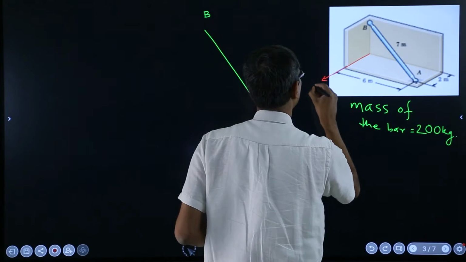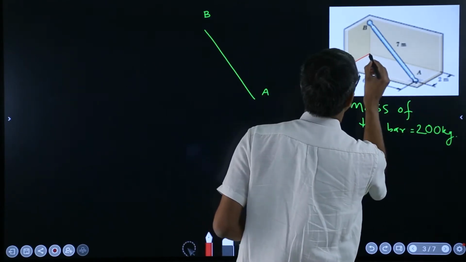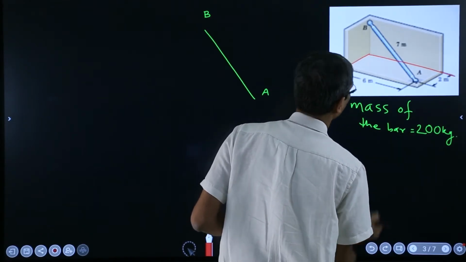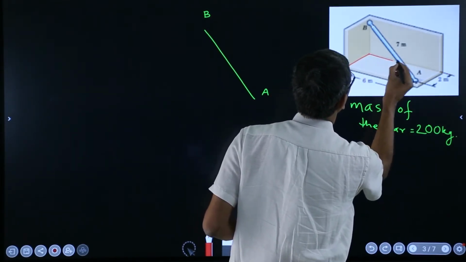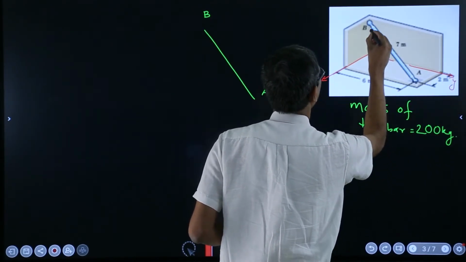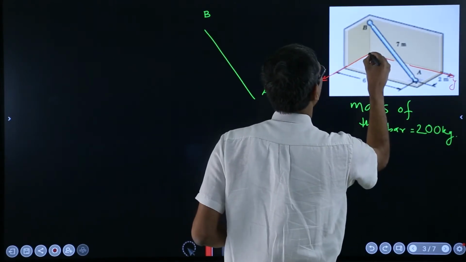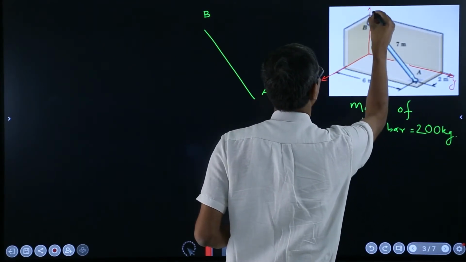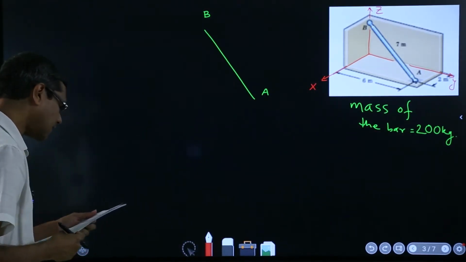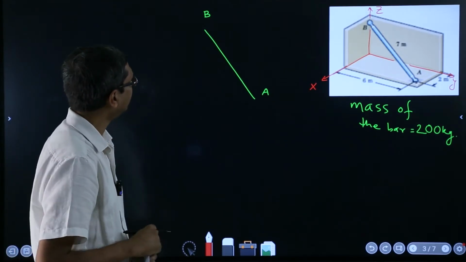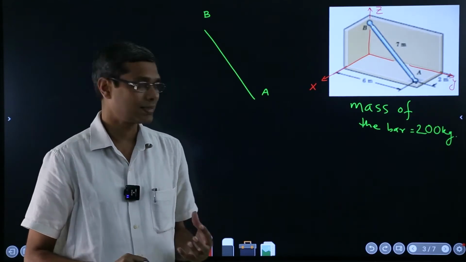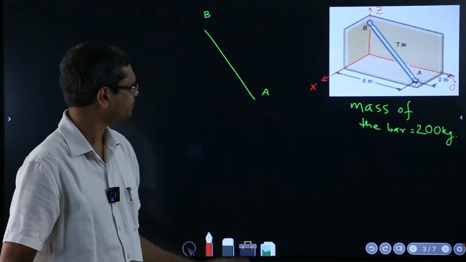So this being the x axis, this is y, and this is your z axis. If that is the axis system which we will use, then what kind of forces do you think will come as reactions from the ground?